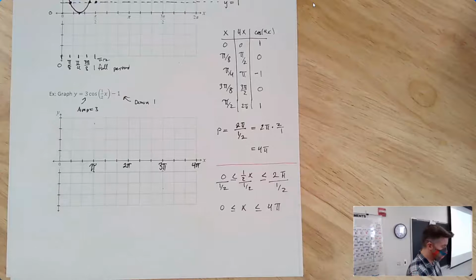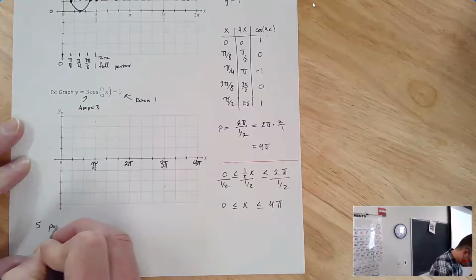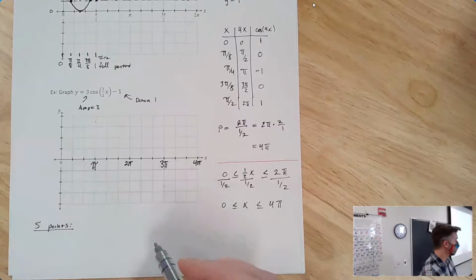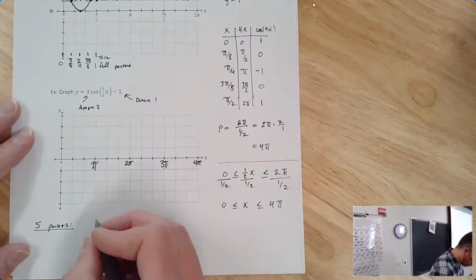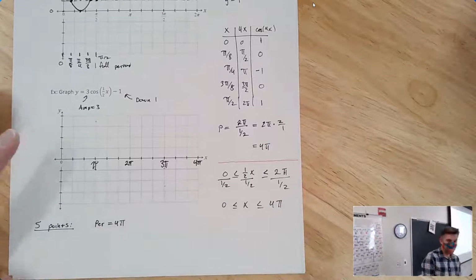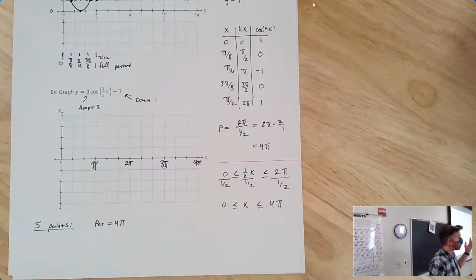Because what I do when I'm finding my 5 important points is I take my entire period, which has a length of 4 pi, and I'm going to divide it into 4 equal quarters or 4 quadrants, because the important points come at the end of each quadrant.